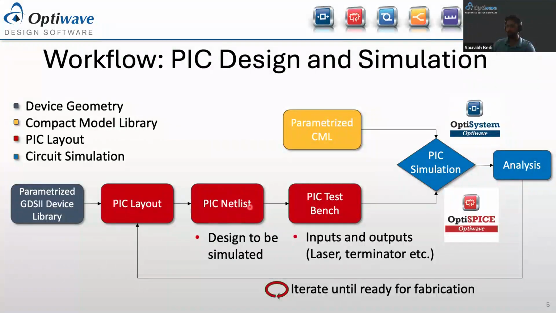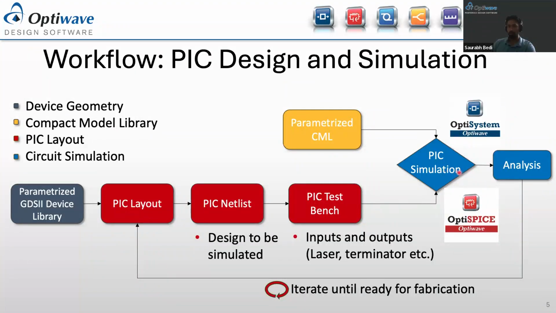So once you have your PIC netlist, then you can generate a PIC test bench setup wherein you will connect this netlist component with other components like lasers, visualizers, terminators, and other electrical components to run your simulation. For running the simulation, you can use either OptiSPICE or OptiSystem, and then do the analysis of your PIC simulation.